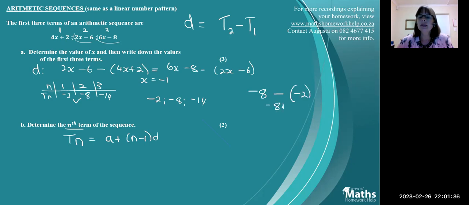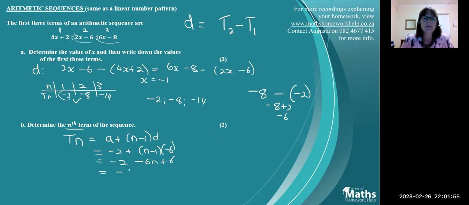So it's actually negative 8 plus 2, which is negative 6. The first term is negative 2. Then you multiply this in. That would give you negative 6n plus 6, so the general formula is negative 6n plus 4.